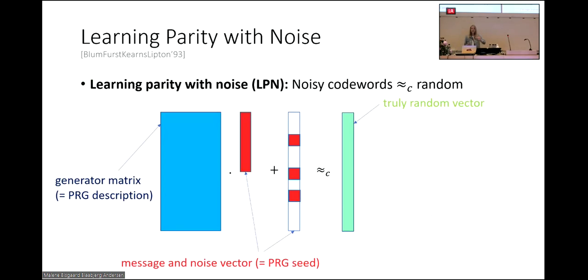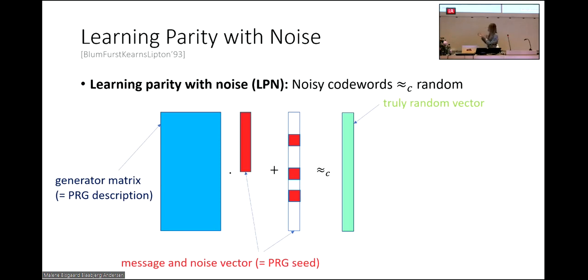And how this is done is with learning parity with noise. Learning parity with noise is basically the assumption that if you add sufficiently much noise to a linear code word, then this will give something random. So what's bad for coding theorists is good for cryptographers.